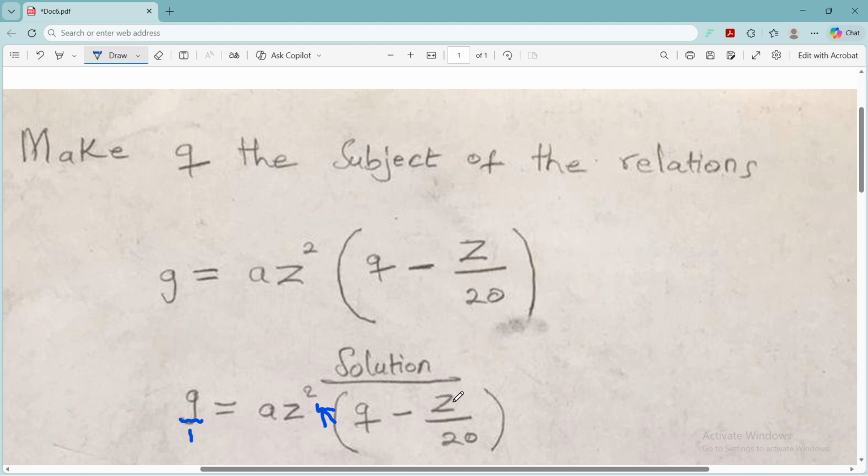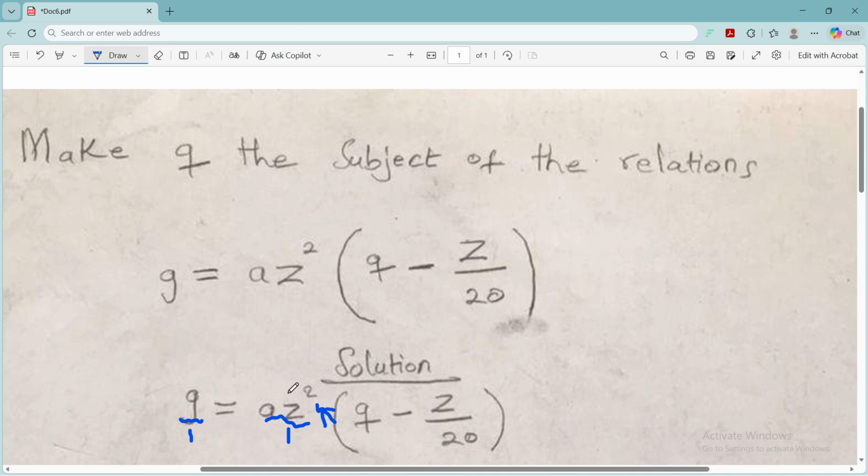Now, because az square is also divisible by 1, every number being divisible by 1, we have to find the LCM between az square and j.